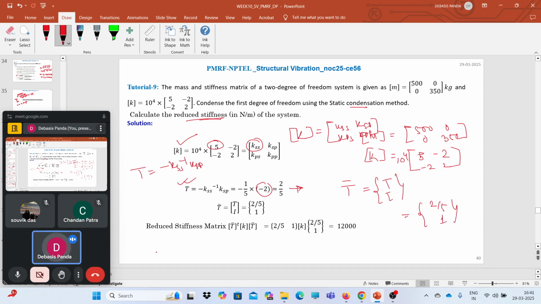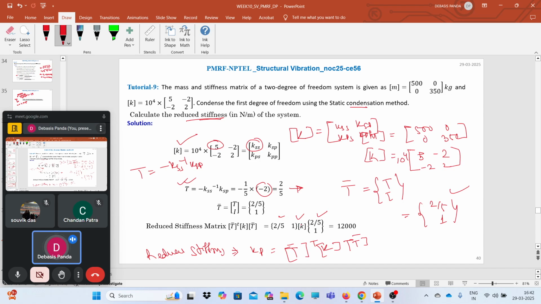Once we have all the values, the reduced stiffness matrix Kp will be equal to T bar transpose K T bar. Now we have T bar transpose, that means 2 by 5, 1, then K, then 2 by 5, 1.